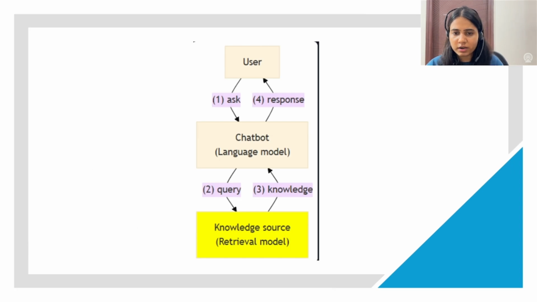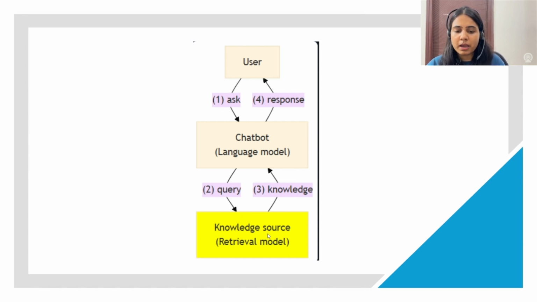Okay, so what we'll do is we'll have this user. User means I am asking what is my mother's name. So I am a user asking a question to the chatbot or language model, and then it will query the knowledge source or retriever model.